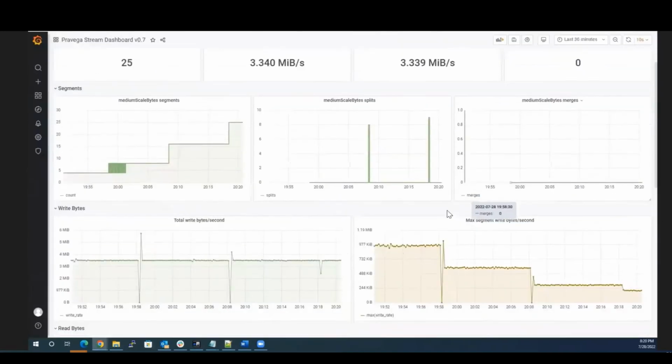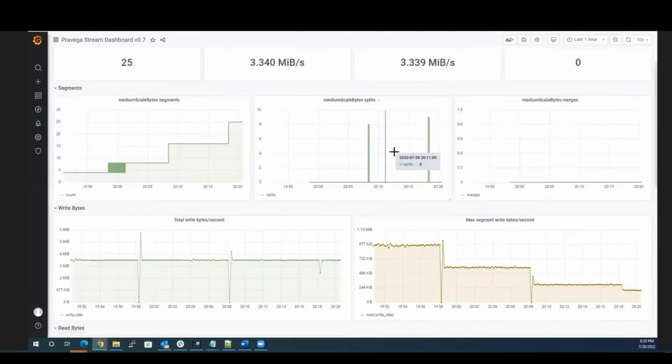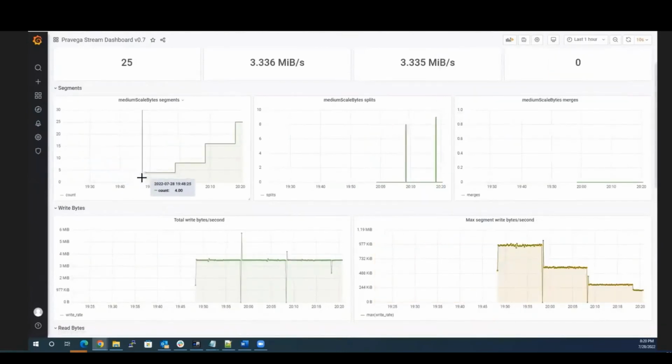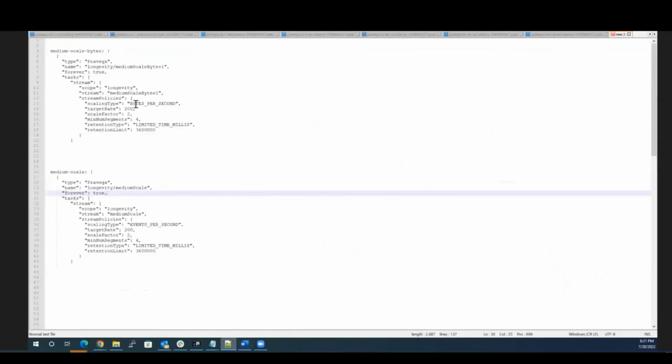So if we observe the graph here, the same stream was also created at 1948 time, and the bytes per second rate which it was observing during its creation was 967 KB per second, which is obviously more than the target rate 200.